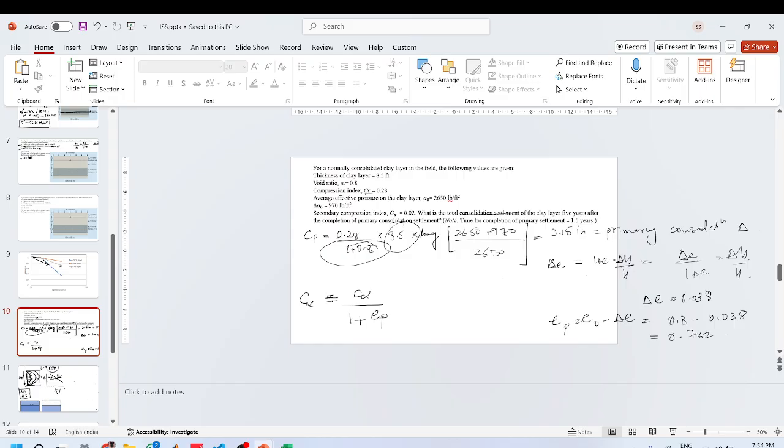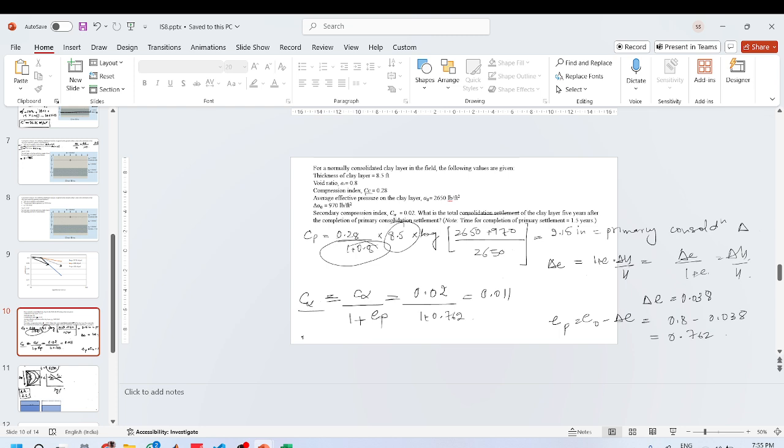and your change in void ratio due to secondary settlement is 0.02 over 1 plus 0.762. This comes out to be 0.011.